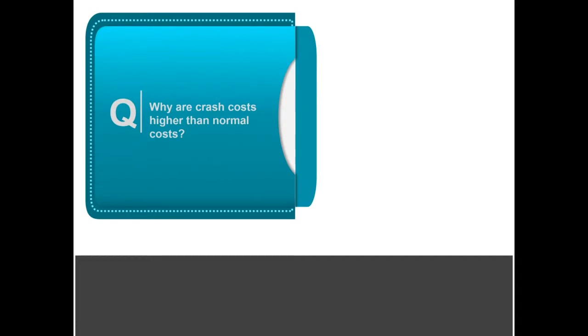So the question here is, why do you think the crash costs are higher than the normal costs? I think that's almost a rule that whenever you accelerate things, you have to be willing to pay a bit more for the cost. So yes, that could include premium rates. It could include more labor, possibly labor working overtime in two shifts, things of that sort.